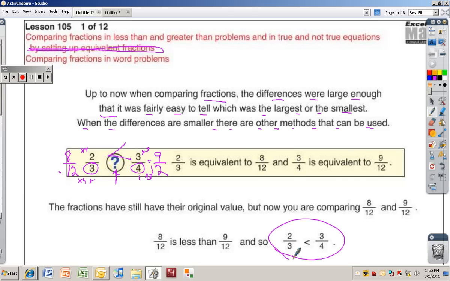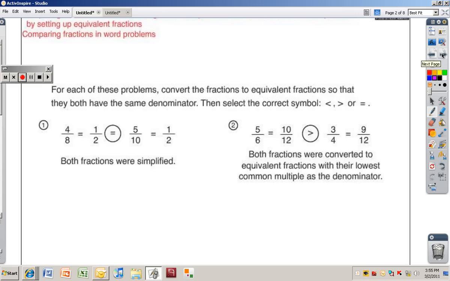All right, let's keep going. And here are some other problems. It says for each of these problems, convert the fractions to equivalent fractions so that they both have the same denominator. Then select the correct symbol between those fractions. Here's the first problem.